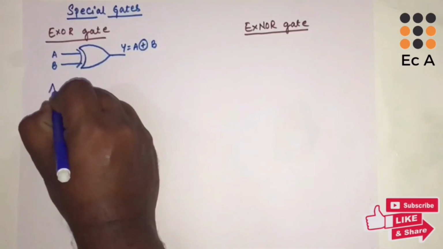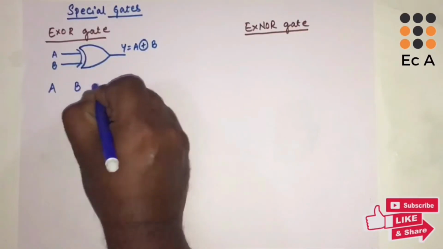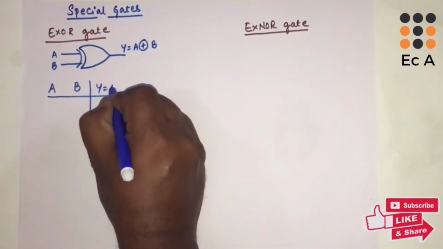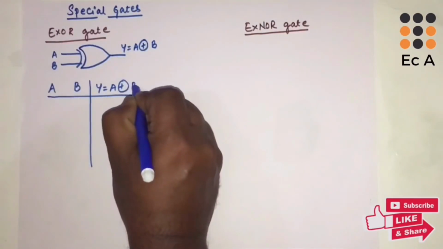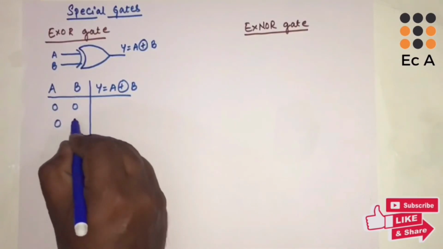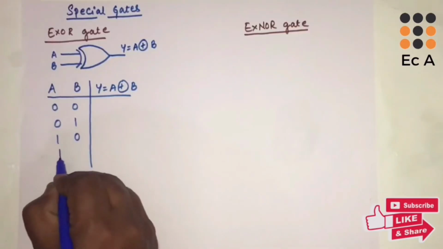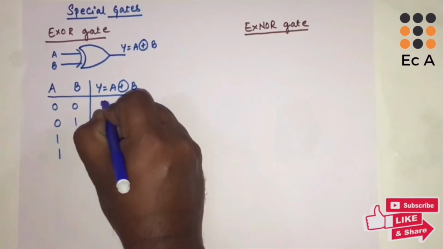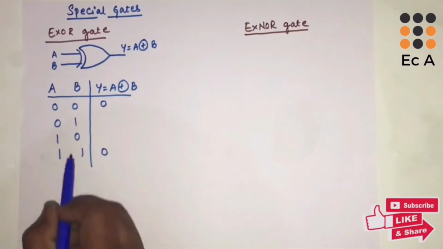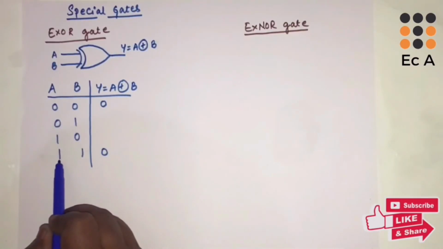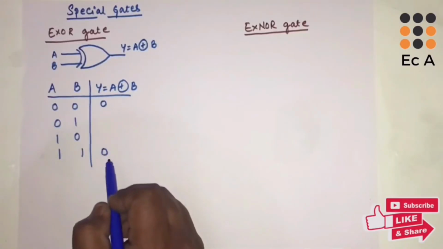Now let us write the truth table. Let us take two variables A and B, and output is A XOR B. Two variables, four combinations of input: 0 0, 0 1, 1 0, 1 1. So XOR gate is a logic gate that will produce output as 0 when inputs are same. So if the inputs are same like 0 0 and 1 1, output will be 0.